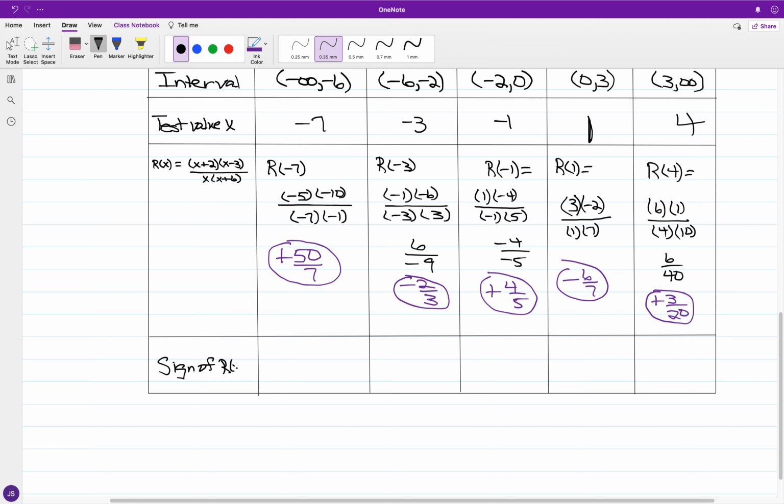Now for the sign of r of x, for the first group we have positive, and it looks like we'll have alternating signs throughout between positives and negatives.